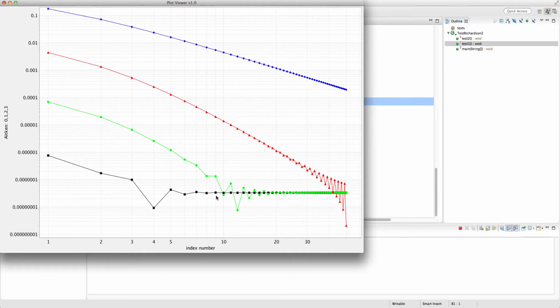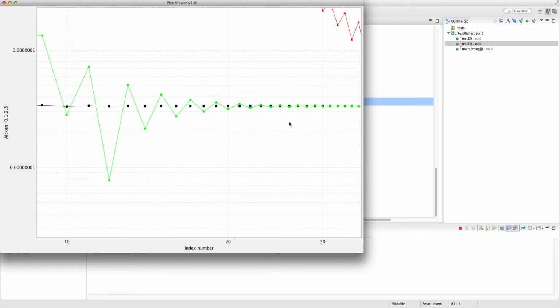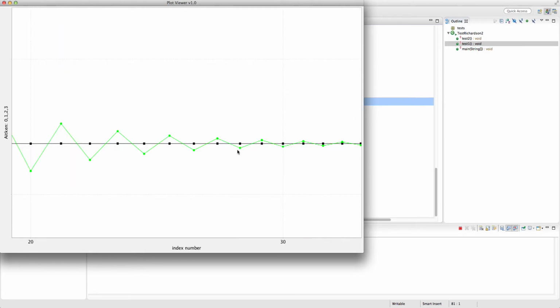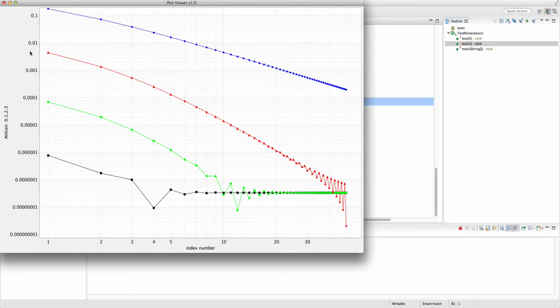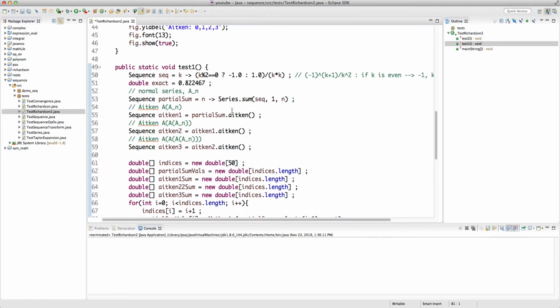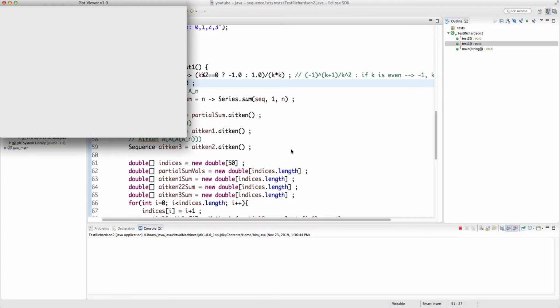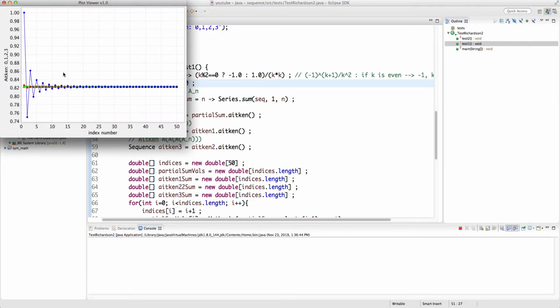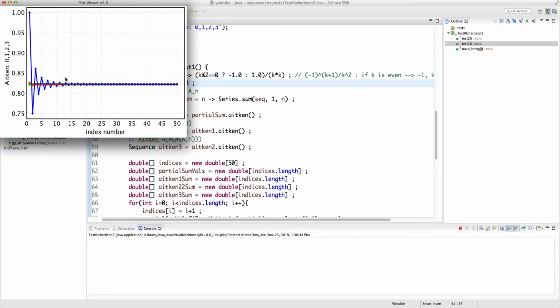So as we can see, the original sequence has a very slow convergence rate, and then the red one is getting better. So the first Aitken is better. The green and the black pretty much converge after 20 to 30 terms. Okay, let's put this back, just look at the terms. So this is Aitken, and we see that Aitken is definitely helping a lot in terms of the convergence of the sequence.